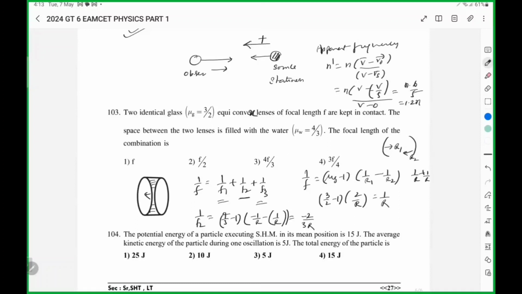The focal length: 1 by f equals 1 by R plus minus 2 by 3R plus 1 by R, that is 3 plus 3, 6 minus 2, 4 by 3R. So f will be 3R by 4. But here f and R are the same, which is 3f by 4.